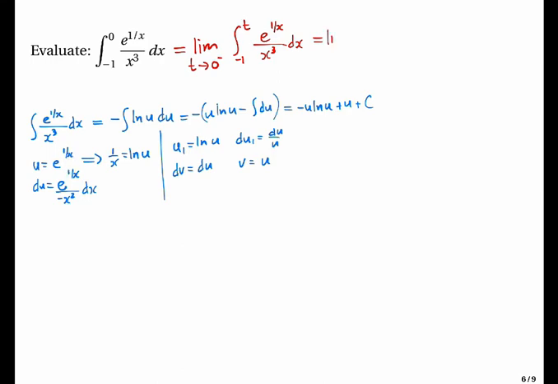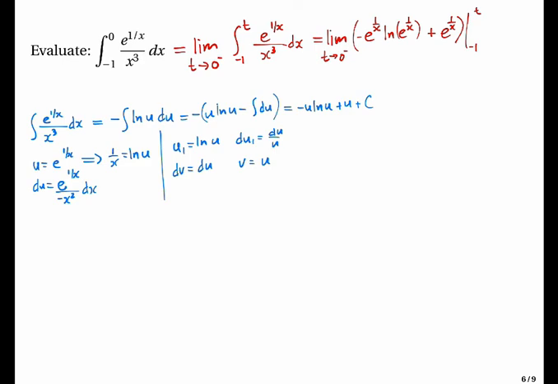So we have the limit as t approaches 0 from the left of minus e to the 1 over x ln of e to the 1 over x. And then you have minus here, so it becomes plus here. So plus u, which is e to the 1 over x. Then we close this and evaluate from negative 1 up to t.